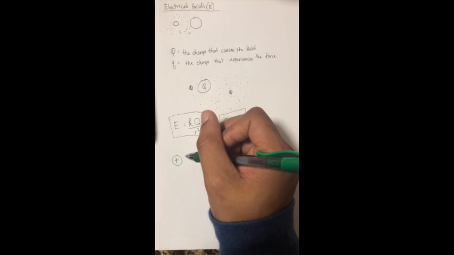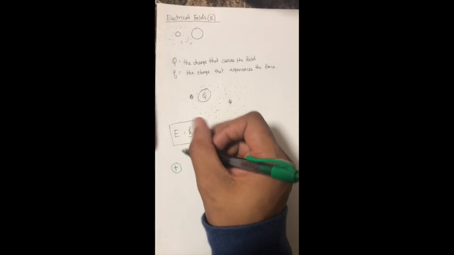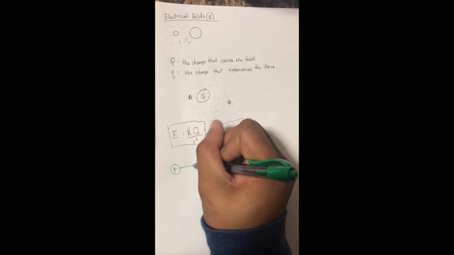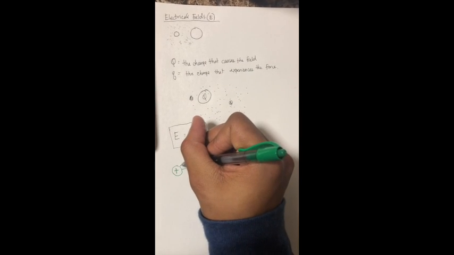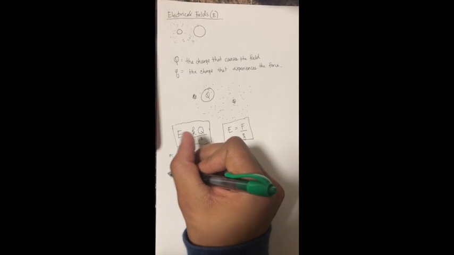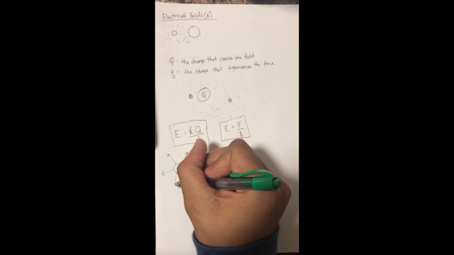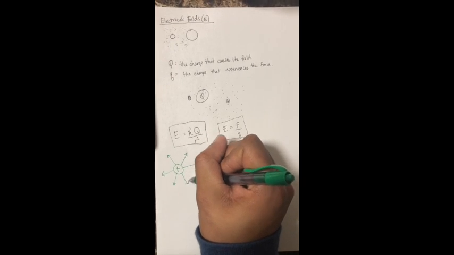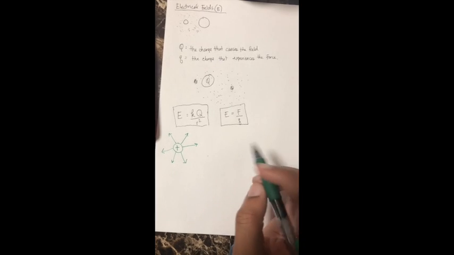Remember I told you they're really represented by arrows. So for positive charges, the electrical field points out, or points away, from the particle.